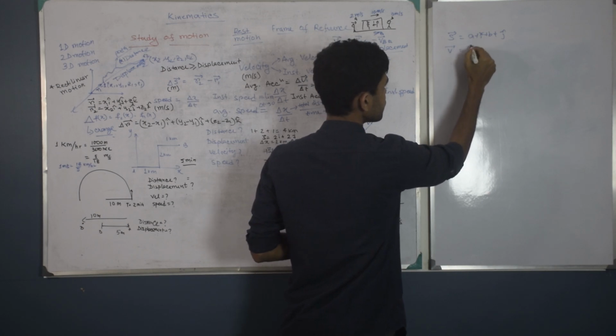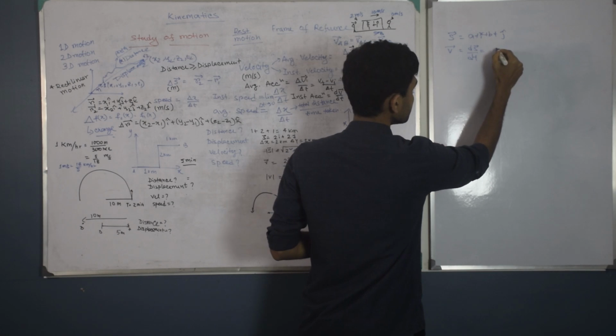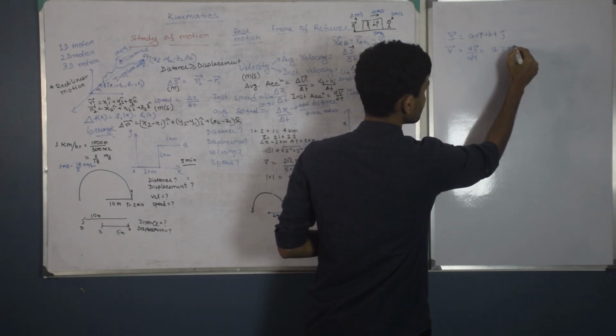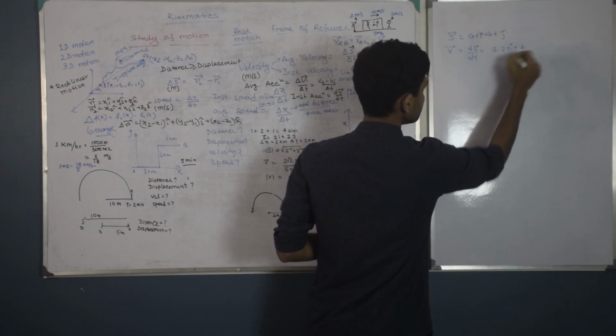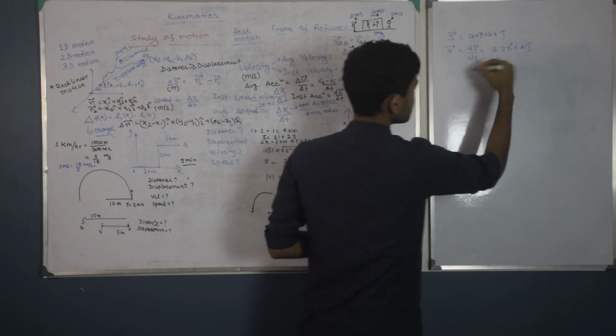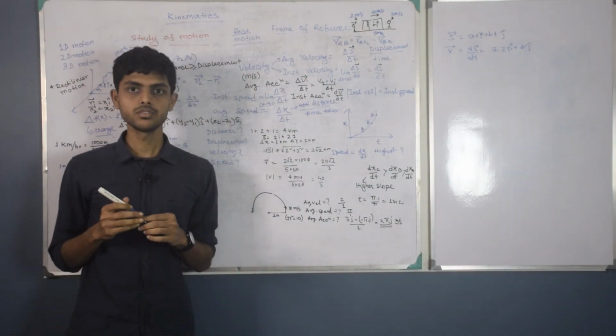How will you figure it out? ds by dt will be a into 2t i plus b, since the derivative of bt is b, so b j. This is velocity. This is how we'll figure out velocity.